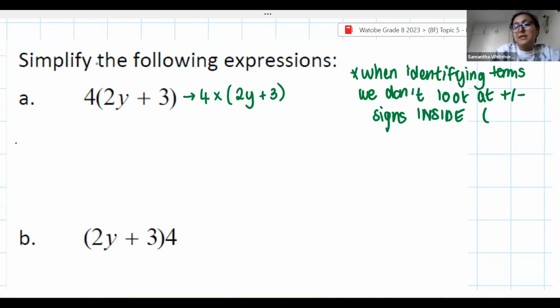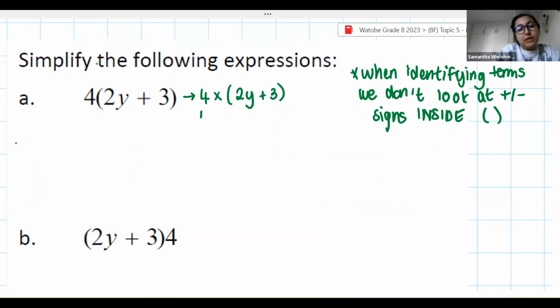This is because they are inside a bracket, so they are going to have either something multiplied to them or something divided into them before we start adding or subtracting. So when we start to look at terms, we don't look at plus or minus signs inside the bracket.